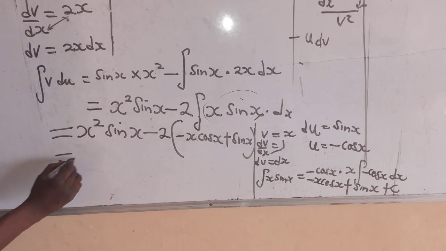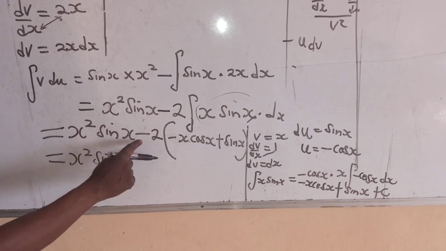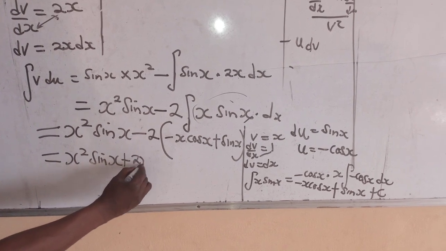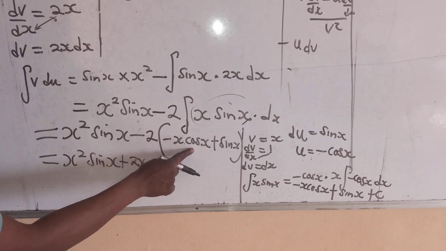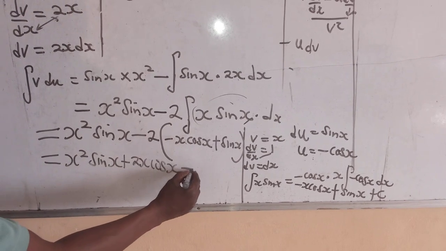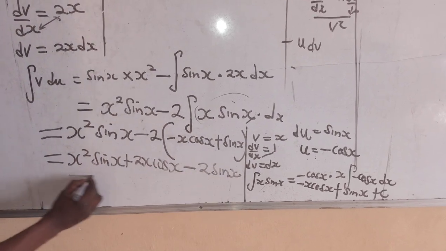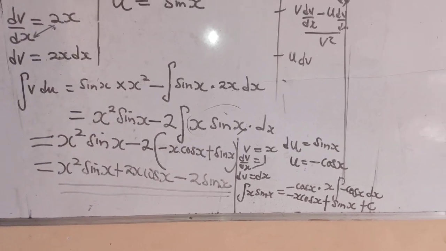Now I can have x squared sine x, minus times minus will give me plus, plus 2x cos x minus 2 sine x. So that is how to answer a question like this.